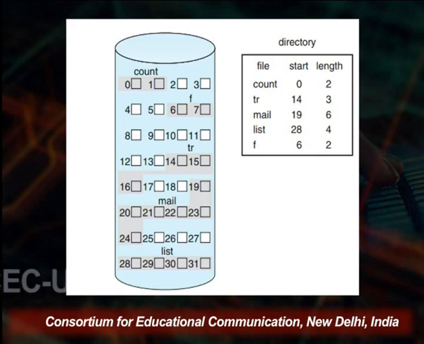Here we have the names of some files written on the right hand side, which are count, tr, mail, list and f, and there are two other columns showing the starting block number and the length.